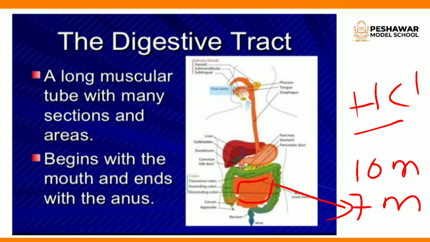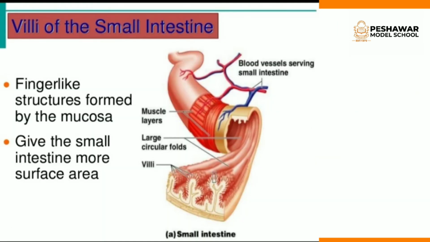Now if we talk about the walls of the small intestine, in this diagram you can see it contains finger-like projections, and these finger-like projections are known as villi.